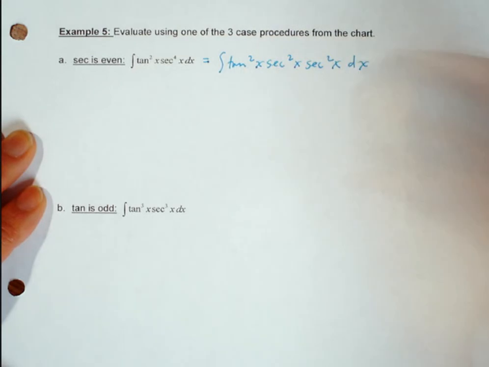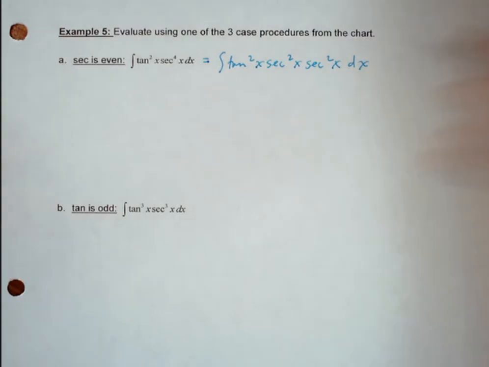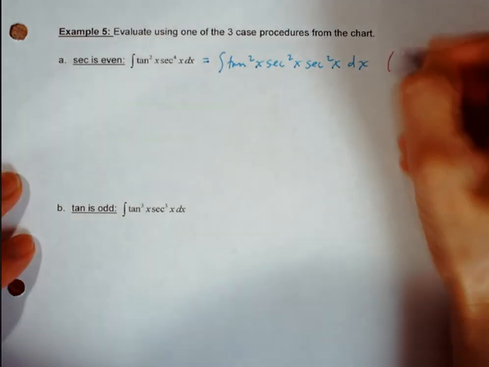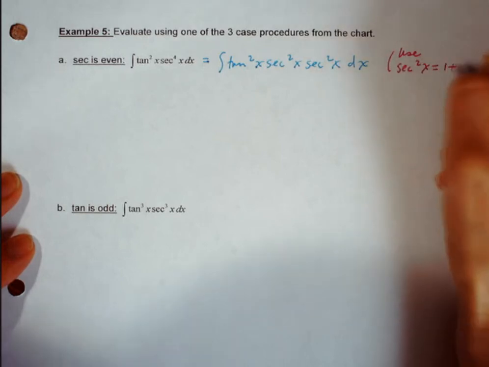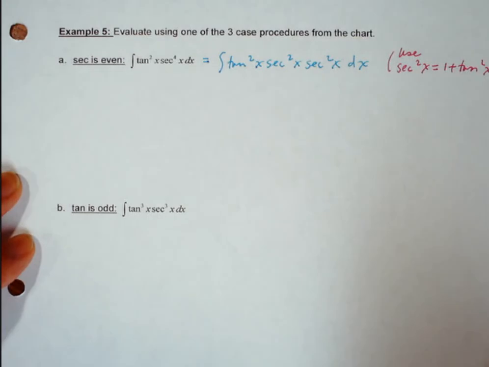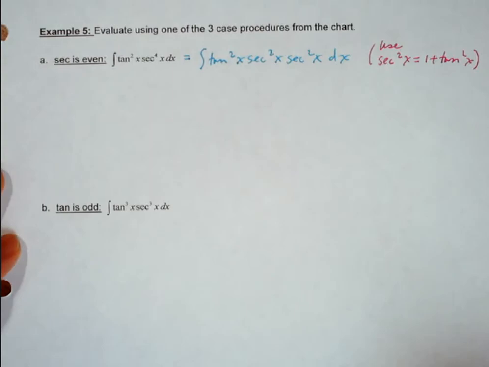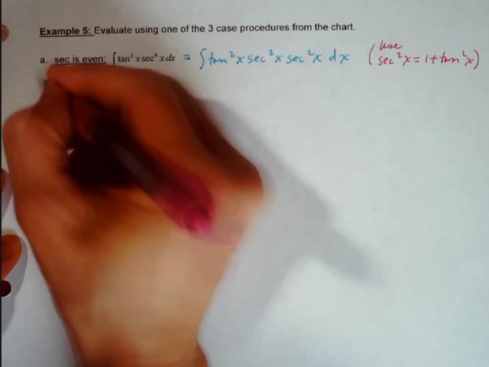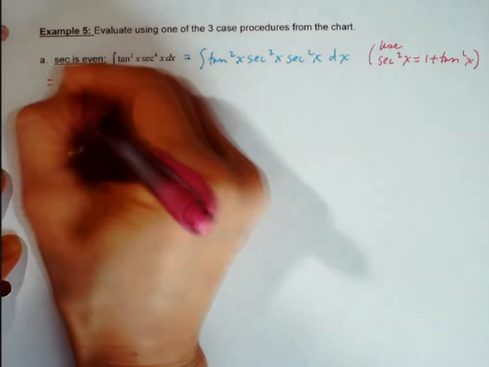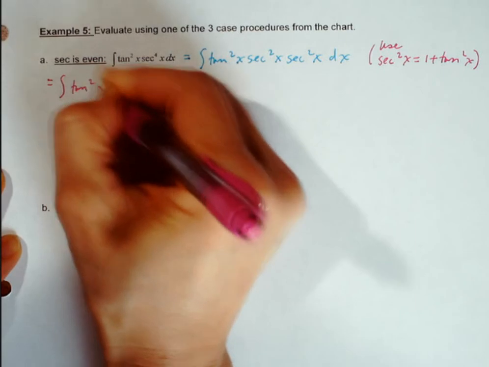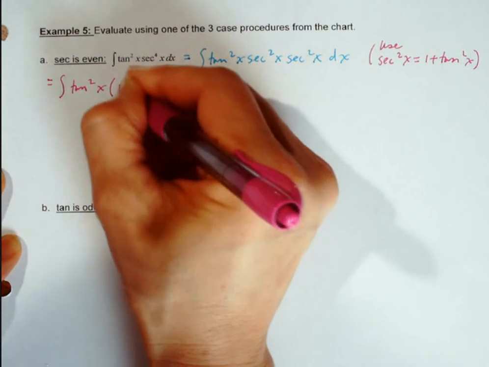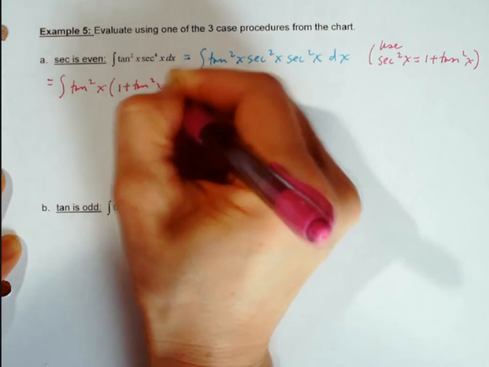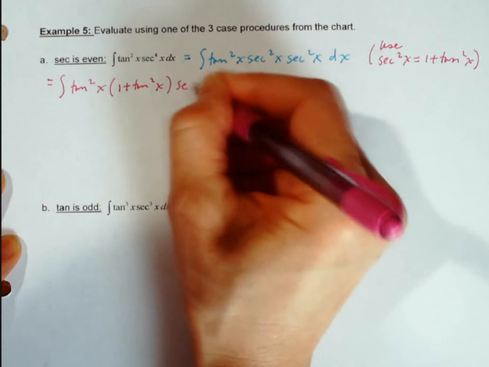Then I'm going to use the Pythagorean identity, secant squared x is equal to 1 plus tangent squared x, so I end up with the integral of tangent squared x, and then one secant squared x I rewrite as 1 plus tangent squared x, and keep the secant squared x dx.